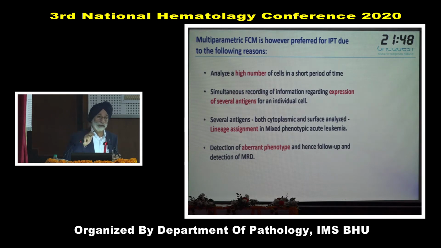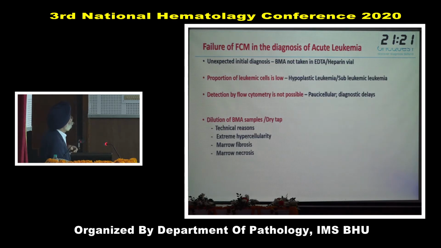Now this is the biggest advantage of flow, which we don't have in immunohistochemistry. We have to do a separate stain for CD3, another stain for CD2, another section for CD20, like that. But here, in the same cells, you can see the expression, which one is expressing, which one is not, and then assess the lineage assignment and aberrant phenotype.